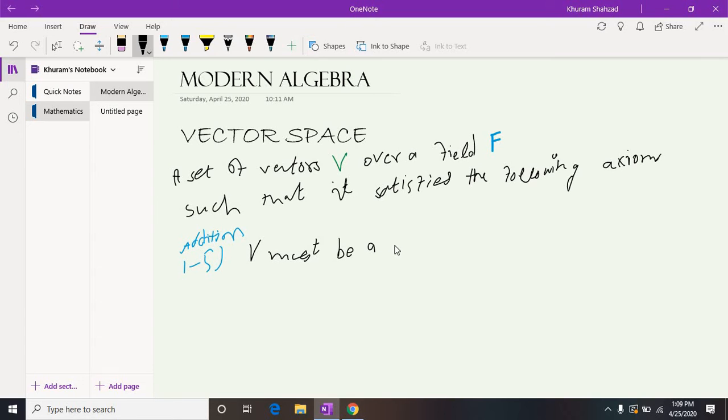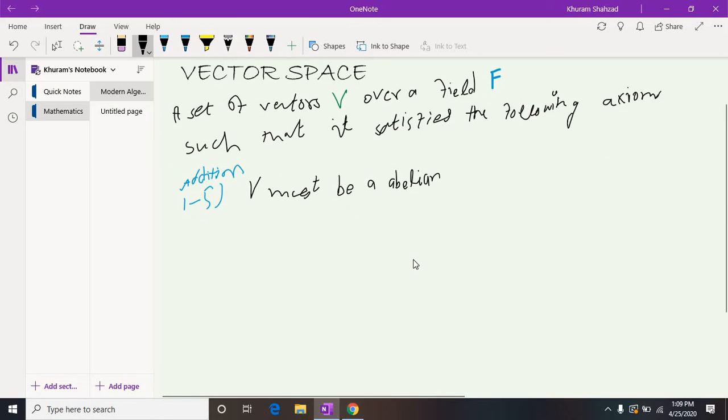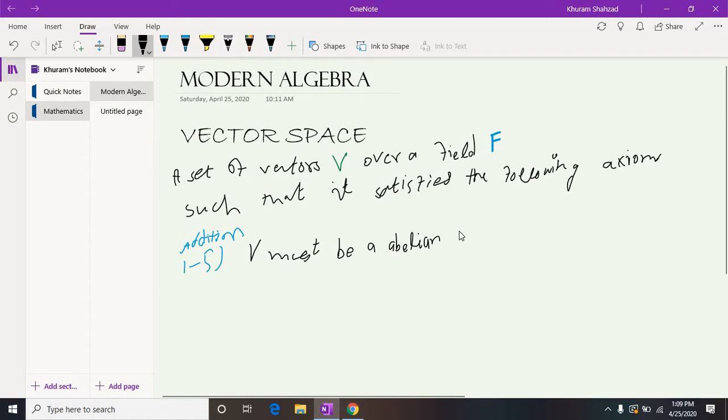And you know, to be an abelian group, it must satisfy 5 properties which you have studied in group theory, with respect to addition.